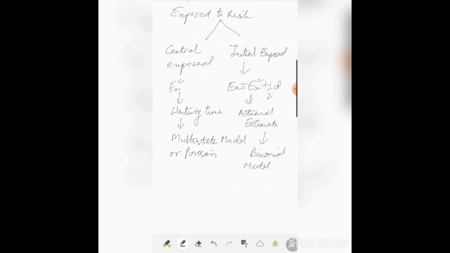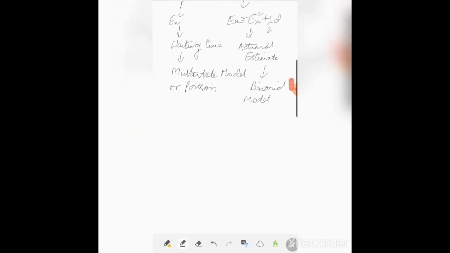Now here we are spending more time understanding the relation between the various forms of exposed to risk. So we will look at a few more aspects pertaining to exposed to risk.